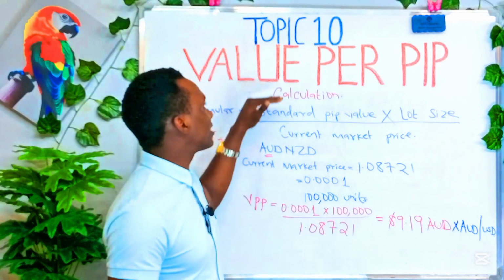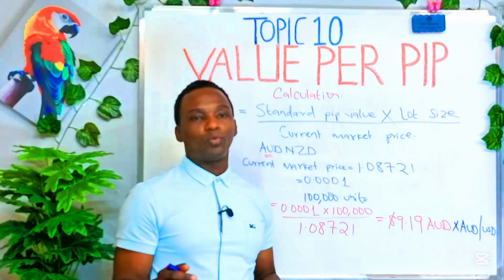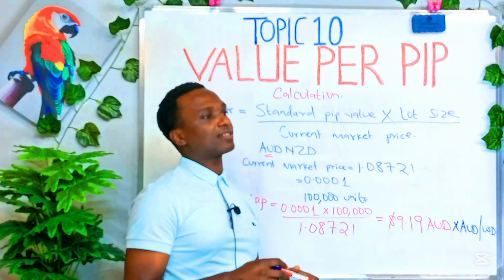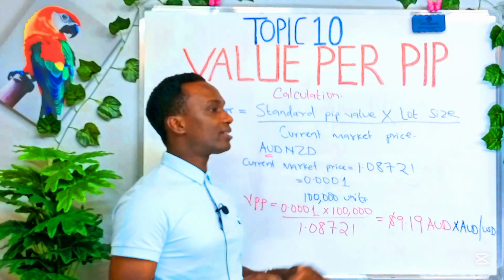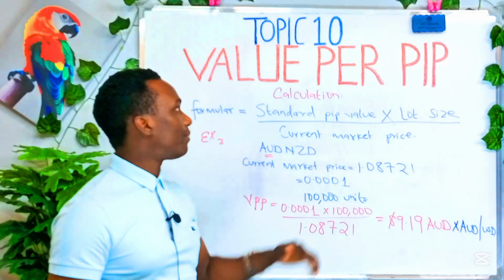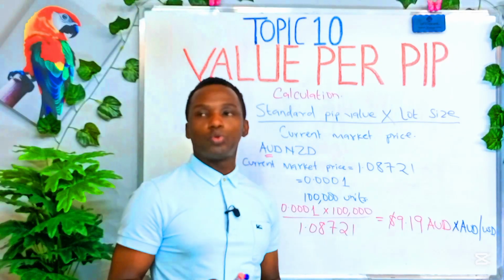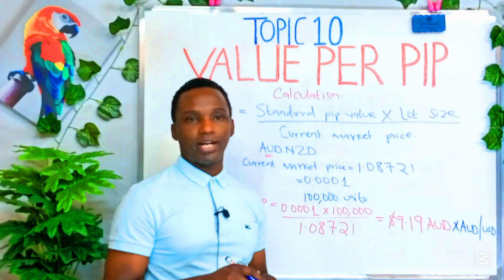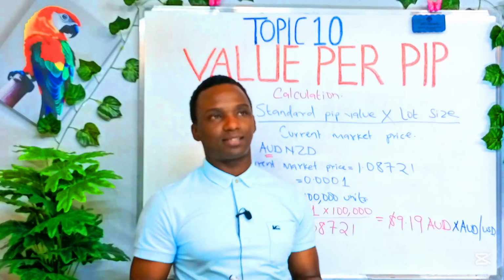Try to calculate their value per pip using this formula and see whether you got it right or wrong. If there is anything that you find hard, please ask those questions when we meet in the next class. Remember, once you know how to calculate value per pip, you'll be able to be accountable for your profits and your losses. All right? Yes. Let us meet in the next class. All right?